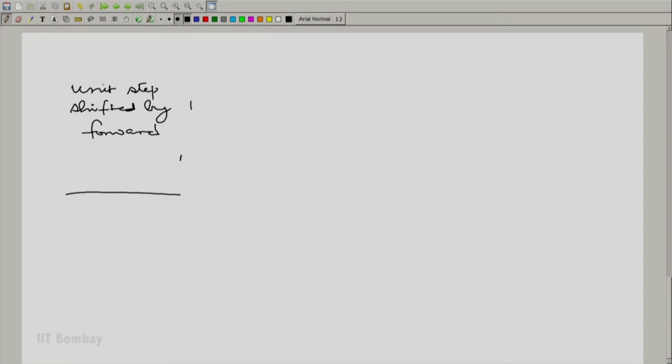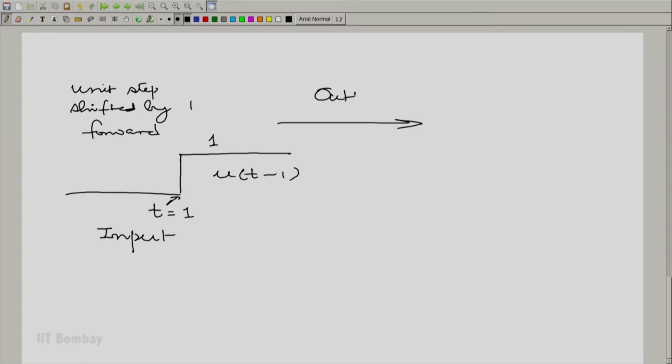So, essentially from t equal to 1 onwards, you have the input being 1. So, we write this as u of t minus 1 being given as the input here, and we query what the output is.